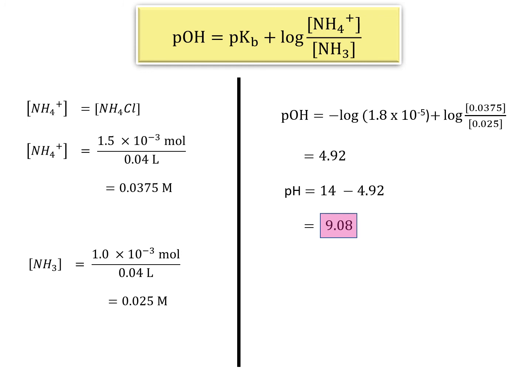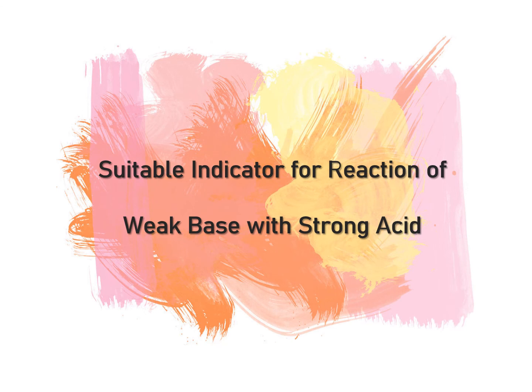So, the next one, the suitable indicator for reaction of weak acid with strong base. So, awak kena tahu at least satu indikator yang sesuai. So, untuk indikator, ingat balik, dia mesti berdasarkan kita punya pH jump.